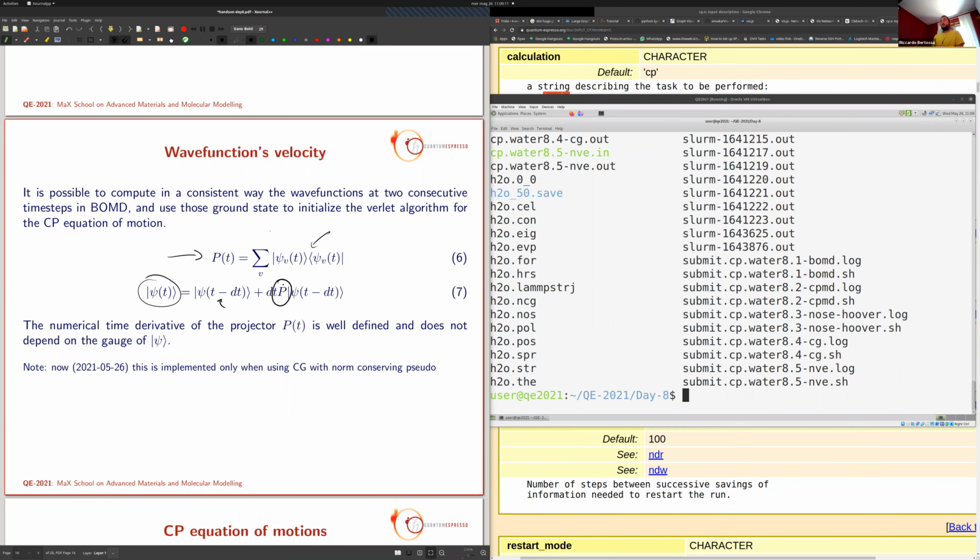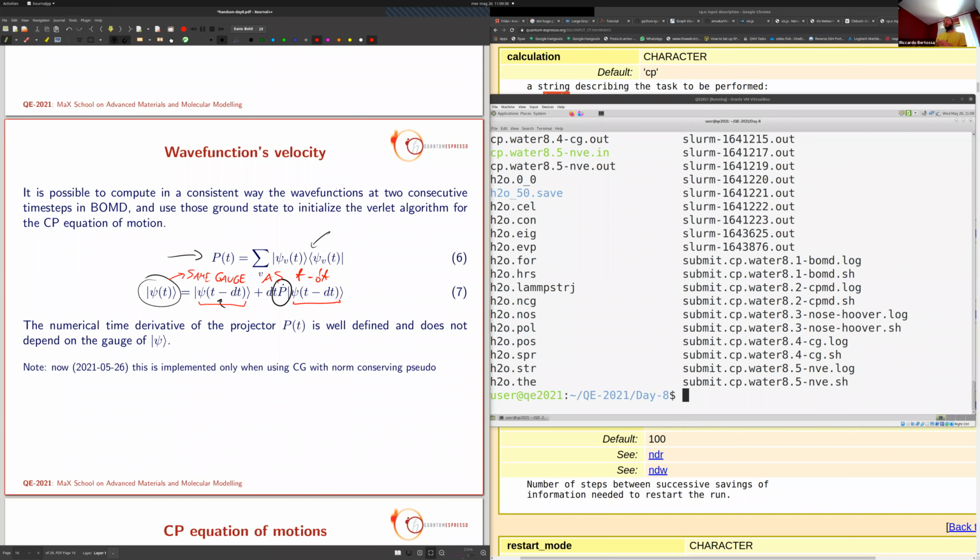In this way, if a particular gauge is selected for this wave function, it is selected also for this one, and it will have the same gauge as at t minus dt. So we are okay. We are ready to start the Verlet algorithm.